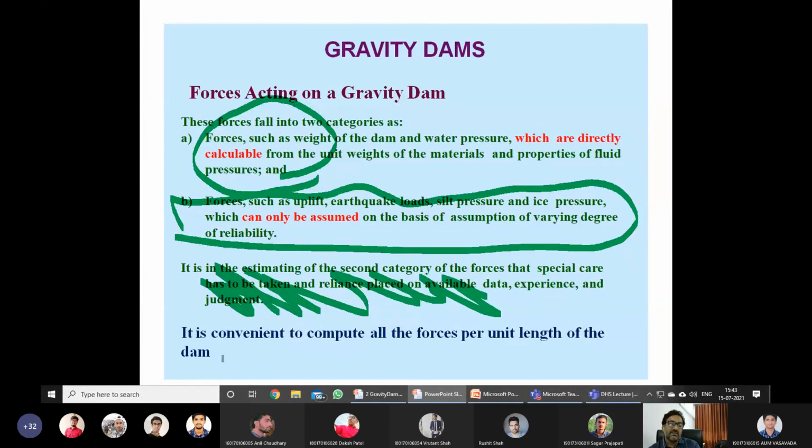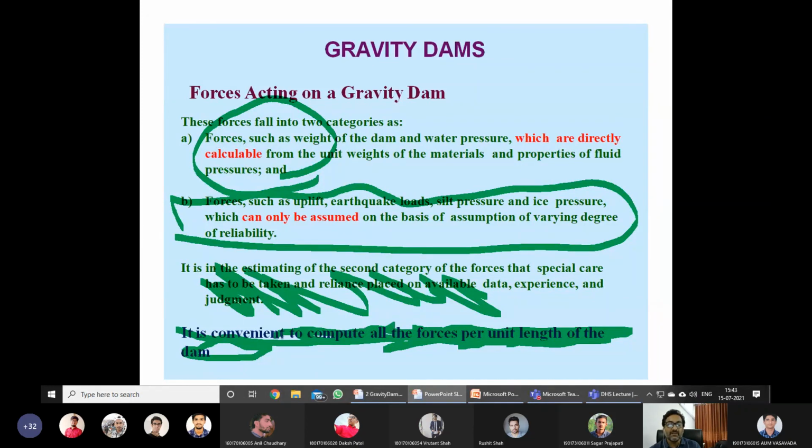The last line is very important. I again repeat, I have mentioned earlier that all the structures which we build, like weir, barrage or dams, we do it per unit length. We do not design every section of the dam. We only do the per unit length. So keep this statement in mind always, that you are designing a particular section only.